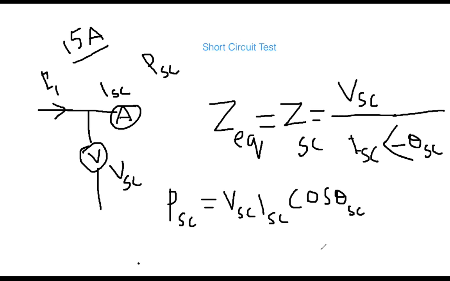I think now you got it. You understand? P equals VI cos theta. Therefore, from here, and you know all three ratings. You only need three ratings, nothing else. And then from there, you find out cos theta SC. And finally, you put that theta SC value here after calculating. Do you get it?